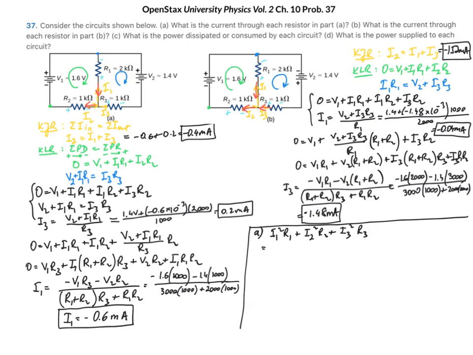So I1 squared is 0.6 times 10 to the negative 3 squared times R1, and that is 2000, plus I2, that is negative, but we're squaring it so it doesn't matter, 0.4 times 10 to the negative third squared times resistor 2, that's 1000, plus I3, which is 0.2 milliamps, so 0.2 times 10 to the negative 3 amps squared times 1000.